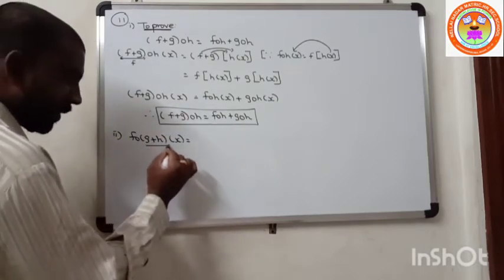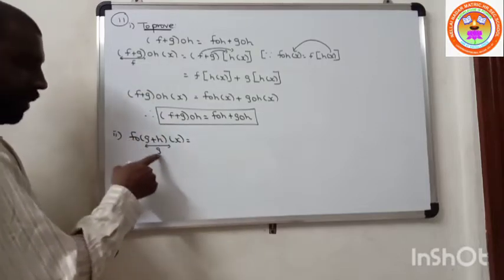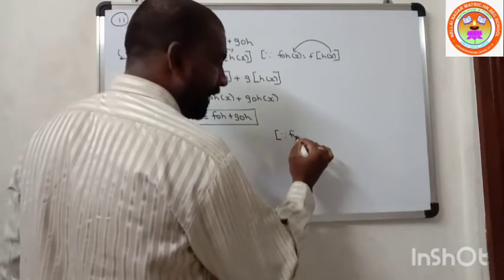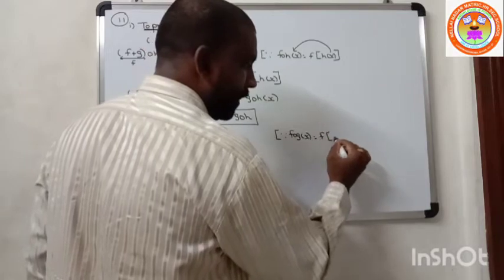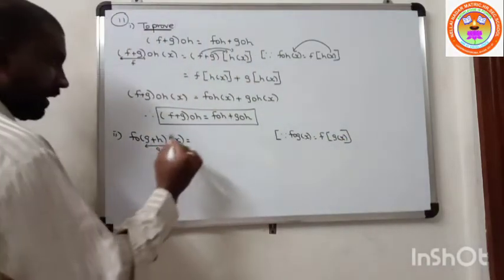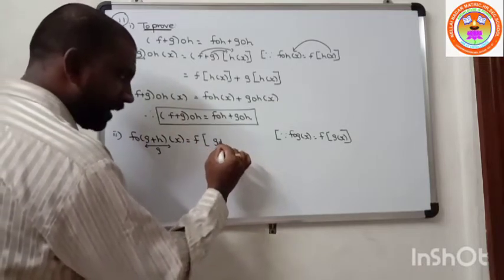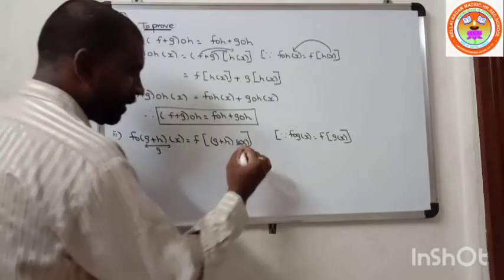This bracket term you take it for g. f composite g, we know the formula: f composite g is f of g of x. f of (g plus h) of x.